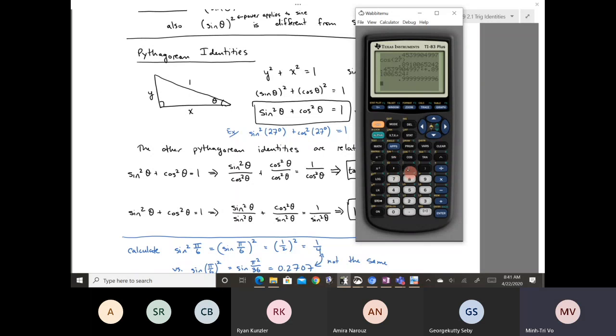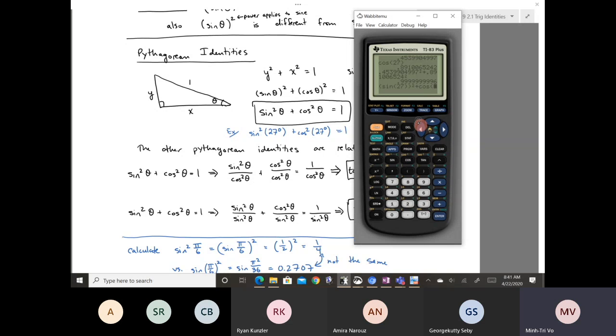I could just type the whole function in, right? So sine of 27 squared, right? As I said, when you square the trig function, you should really think of it like this. And then plus cosine, oops, I need the extra parentheses. Cosine 27 squared, right?